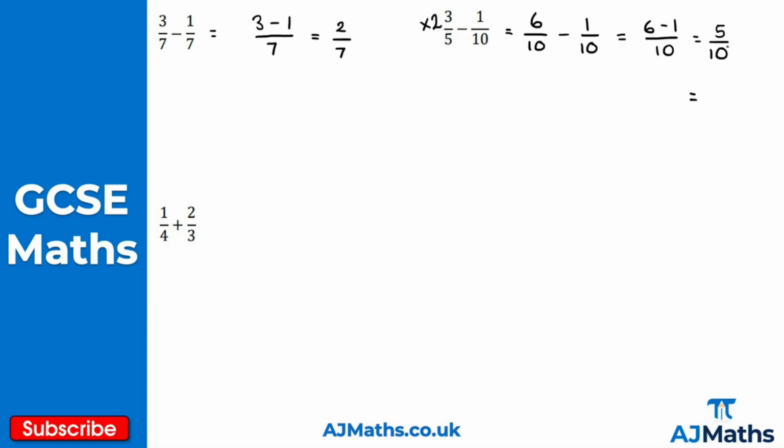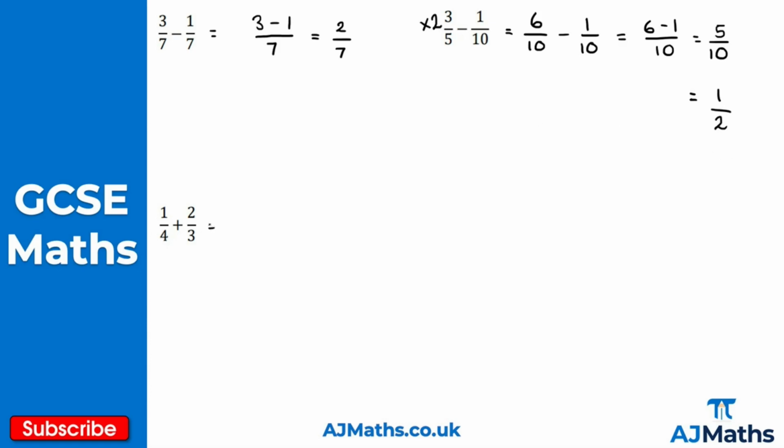So the way to do that is to think about both the numerator and denominator here, and think about what's the largest number that we can divide both the numerator and the denominator by. And in this case, we can divide both top and bottom here by 5. So 5 divided by 5 would give me 1, and 10 divided by 5 would give me 2. And we get a half there, okay? So 3 over 5 minus 1 over 10 gives us a half.